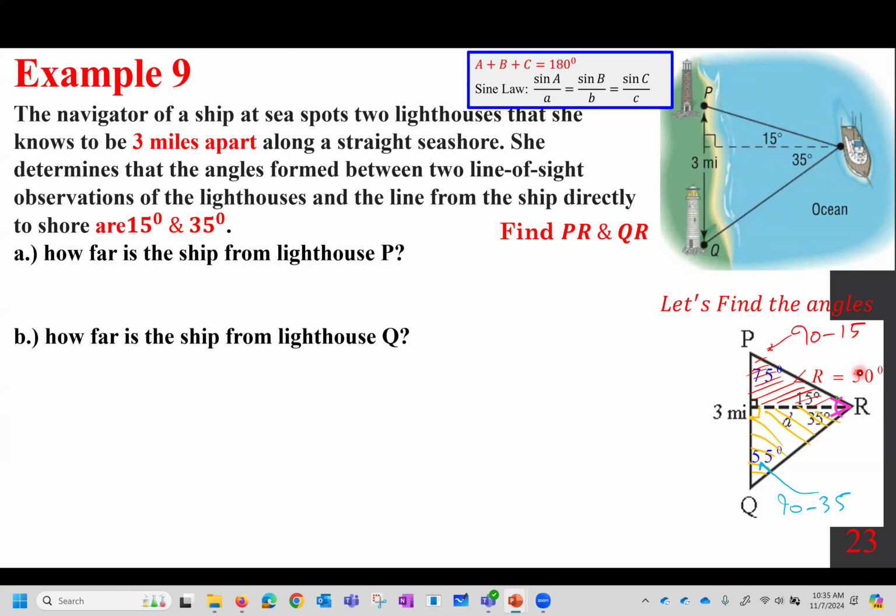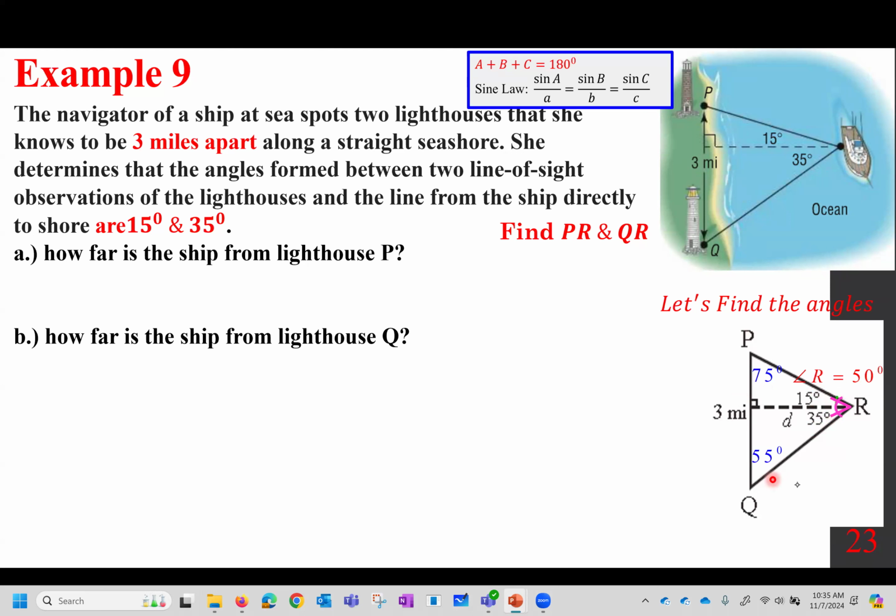So first we want to make sure, and I'm going to erase my work so you can see clearly. Again, 35 means this is 55, 15 means this is 75, 15 and 35 must be added to give us angle R.